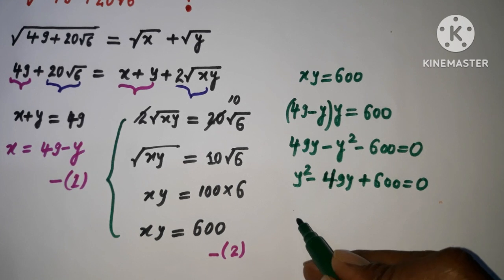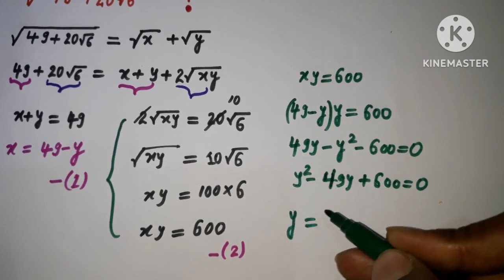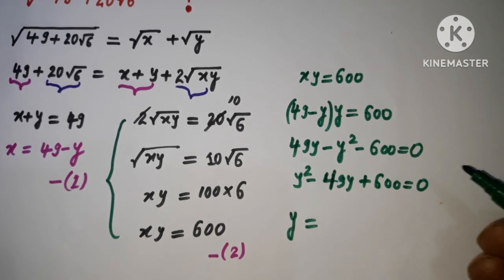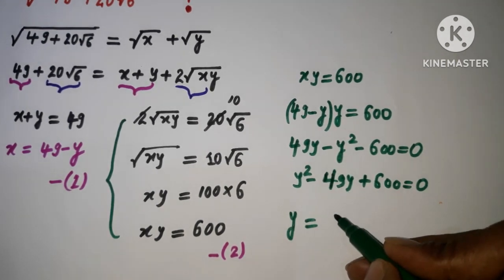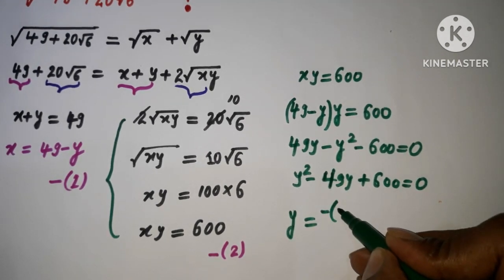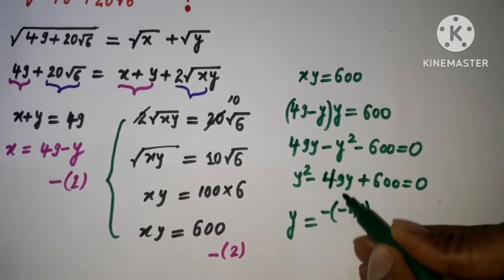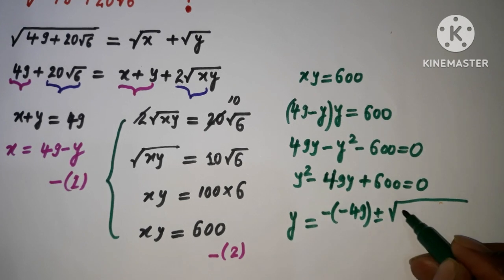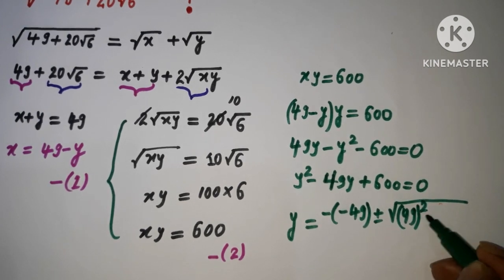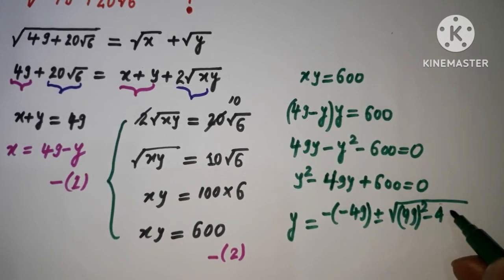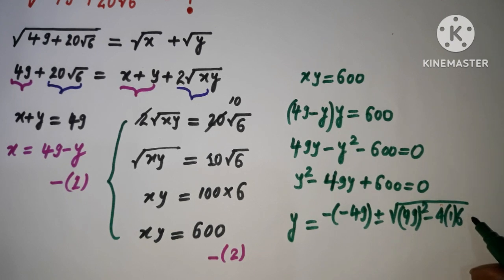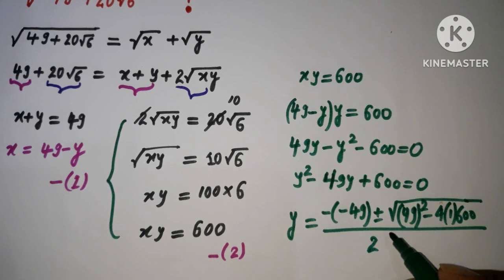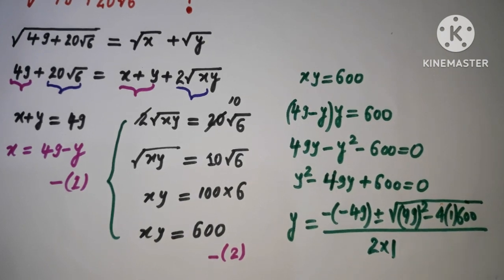I have to find the value for y, and it is a quadratic equation of the form a y square plus b y plus c equal to 0. So I'm just going to put here minus b, that is 49, the coefficient of y, plus minus root under 49 square minus 4 a into c, that is 600, divided by 2 into a, so 2 into 1.